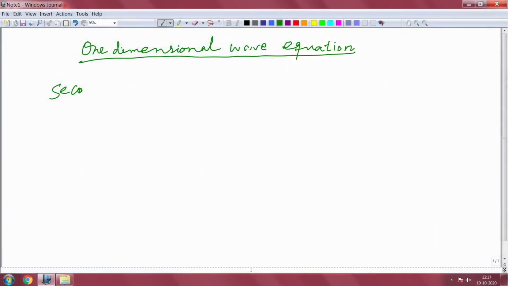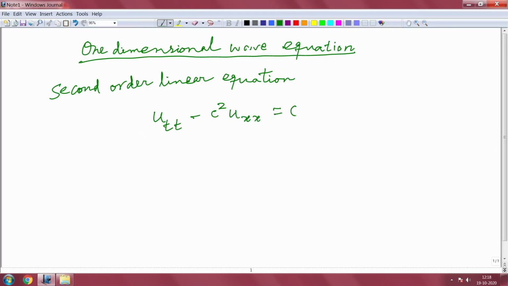This is a second order linear equation given by u_tt minus c squared u_xx equal to 0.